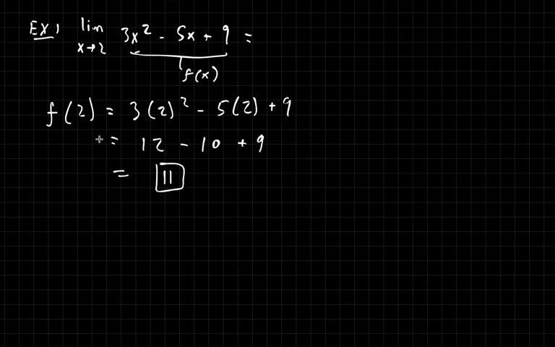But because in many, many cases, the input of some value into a function and the resulting output has the same pattern when you use the limit where x approaches that input, in this case 2, we can just say this is 11.